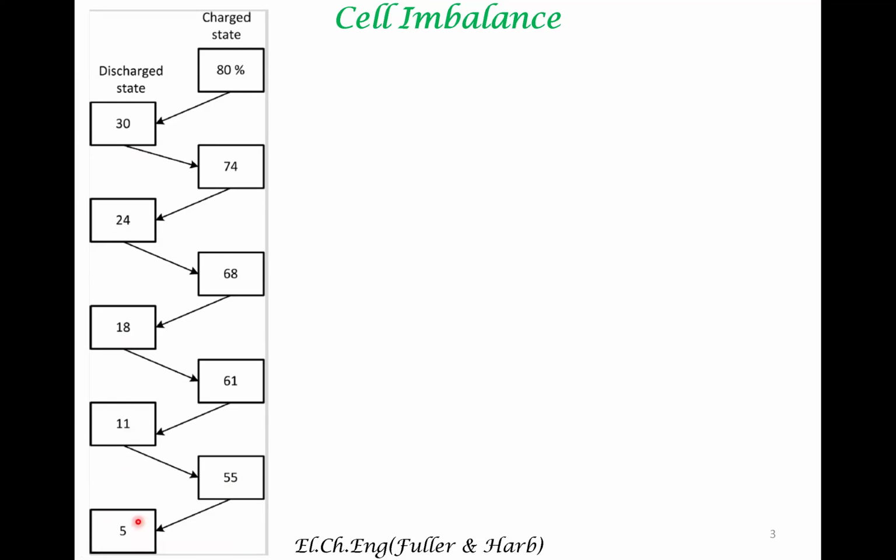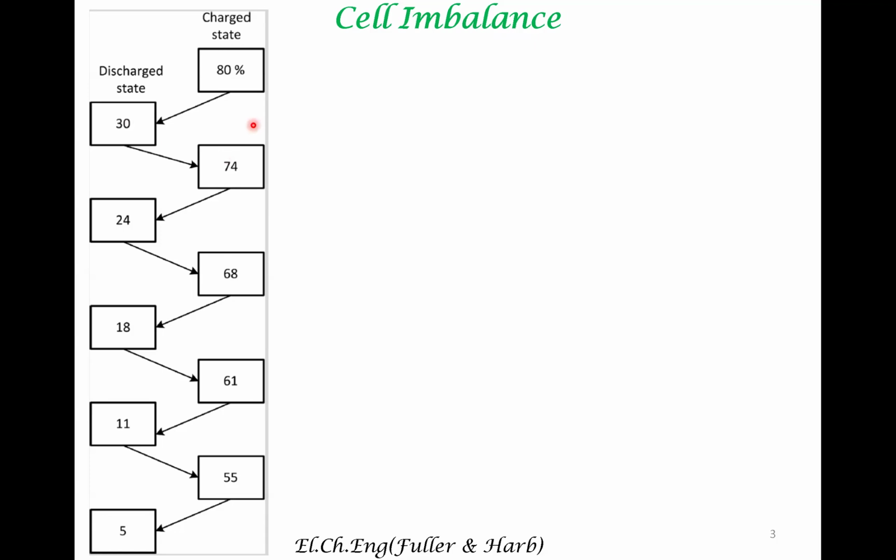So what is the battery outcome you desire? You want to get out this much amount of charge. While doing so, because of some inefficiency in charging, with every cycle, the state of charge decreases. So if one of the cells behaves in this manner, the other cells do not behave in this manner. For example, in another cell, while we discharge to 30%, when you recharge, you may get back to 80%.